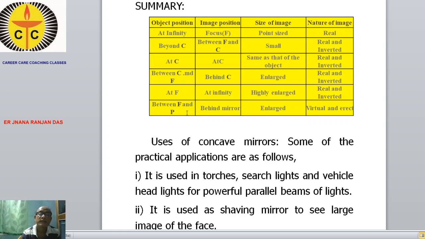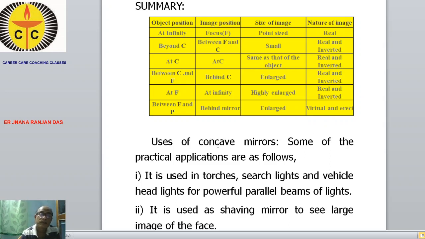Similarly, between F and the pole, the image is formed behind the mirror, enlarged, virtual and erect. So this is the formation of images in the case of a concave mirror.